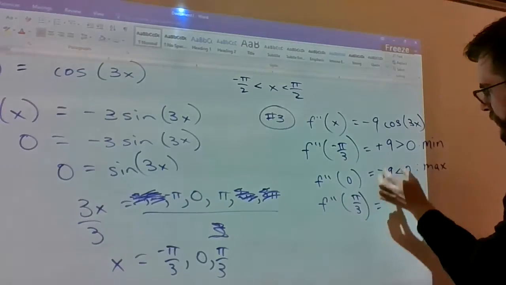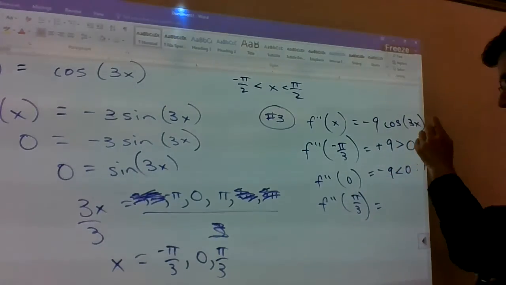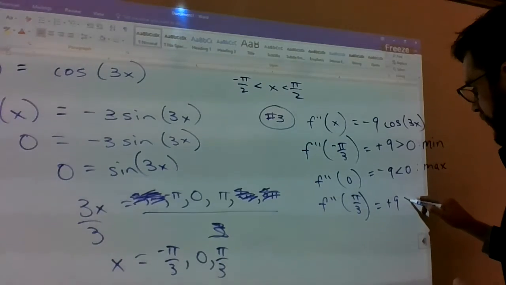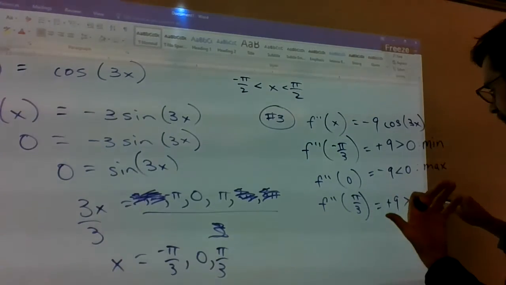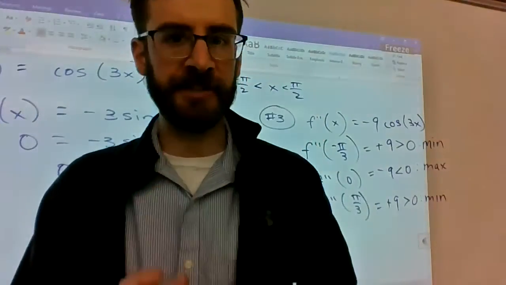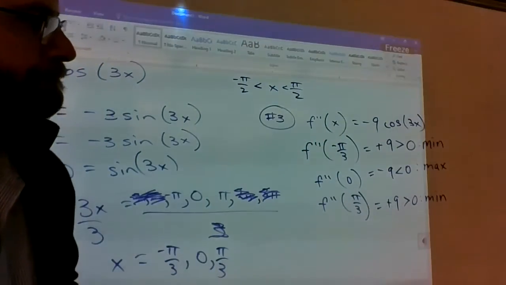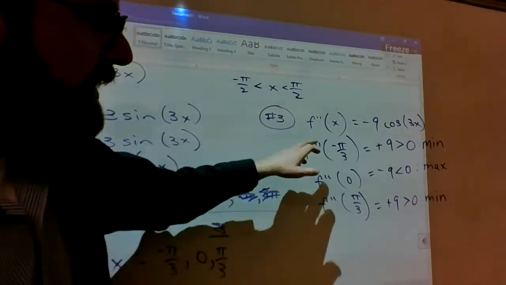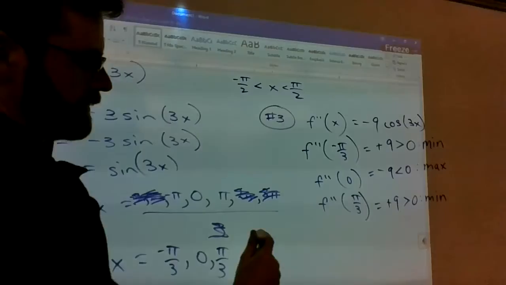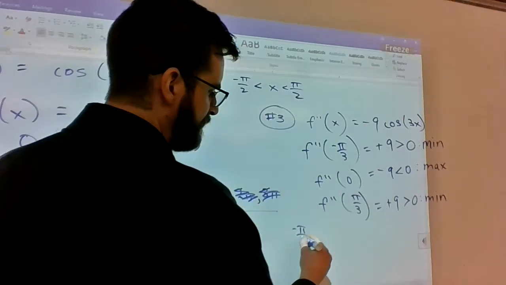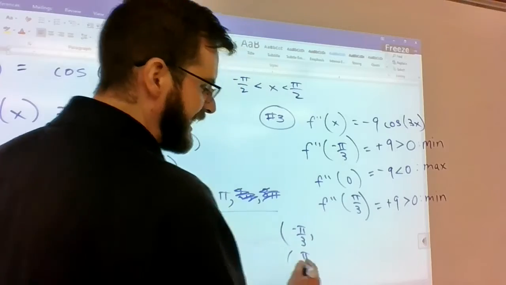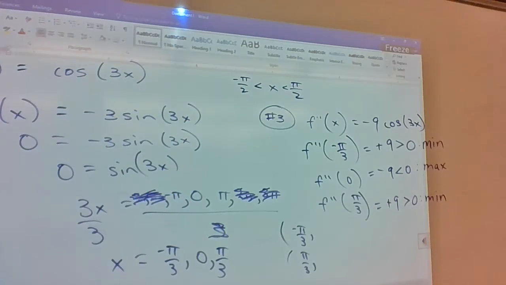And then pi over 3 yields cosine of pi, which is also negative 1. Negative 1 times negative 9 is positive 9. That's greater than 0, yielding a min value, making a concave up situation. So by plugging these back into the original function, you'll find that negative pi over 3 and pi over 3 yield the same y value.